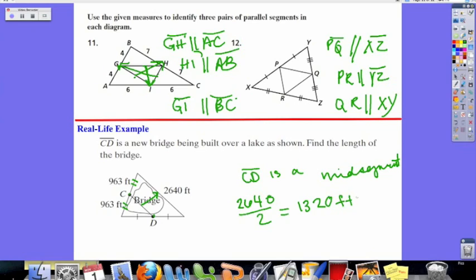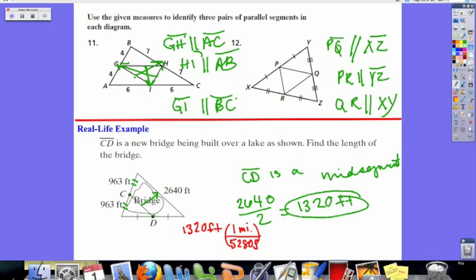Now, if I asked you to find how many miles the bridge would be, you can convert. If you wanted to set it up like this, you can say 1,320 feet, and you multiply by however many feet are in 1 mile, so that feet cancel out. 1 mile is 5,280 feet.